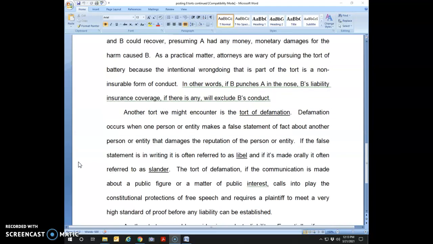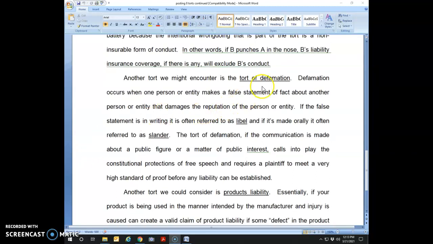Another tort, and I talk about this because I'm going to suggest that we're going to see in the next decade, or some of us will see in the next decade, maybe not me, the tort of defamation get played out again in the United States Supreme Court.